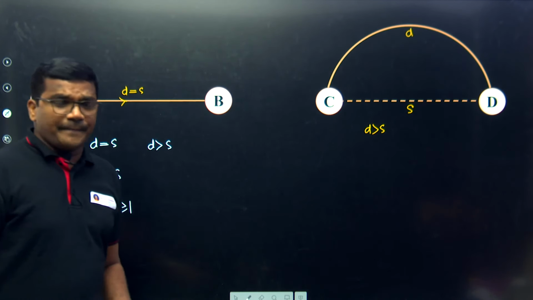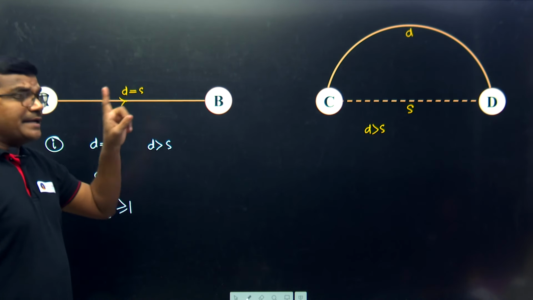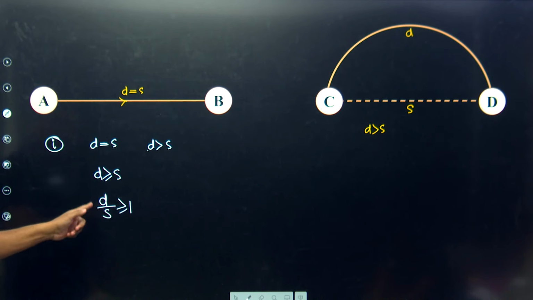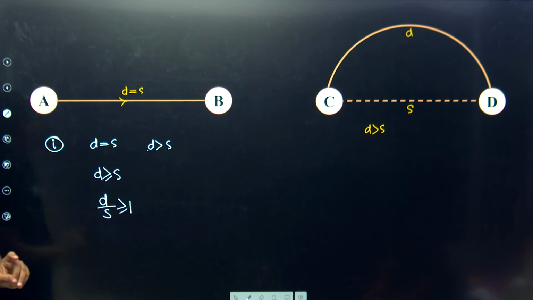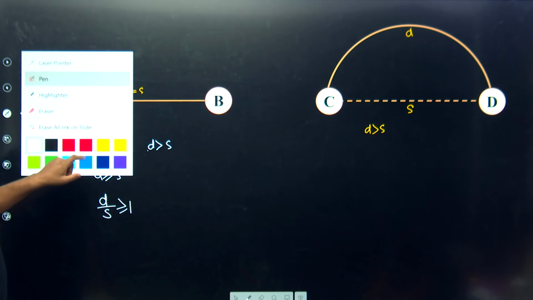Is it clear? What is D? Distance. What is S? Displacement. So distance equals displacement, or distance is greater than displacement. Combined together, distance is greater than or equal to displacement, or the ratio of distance to displacement is greater than or equal to 1. Okay, this is the first case.